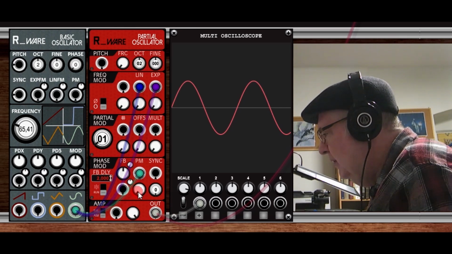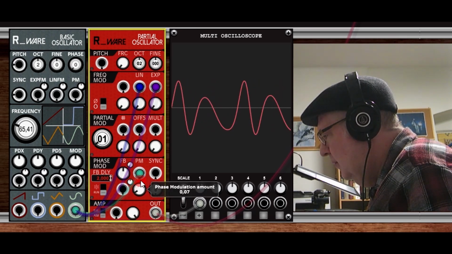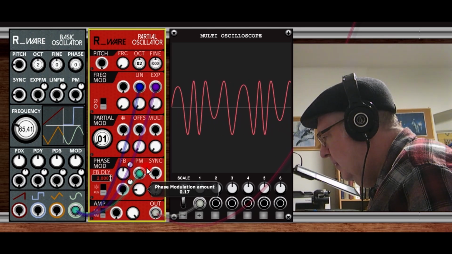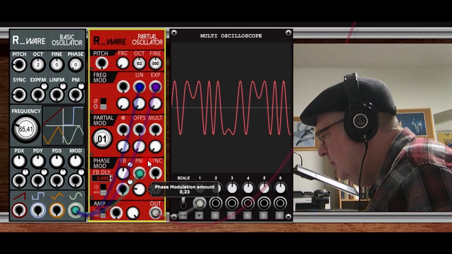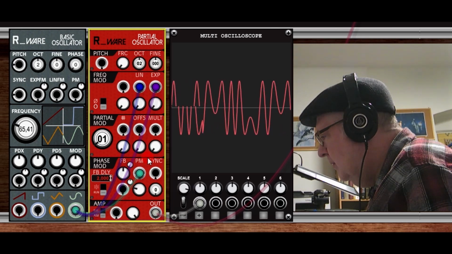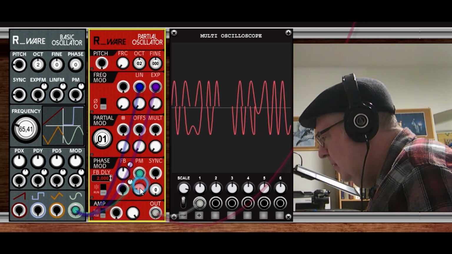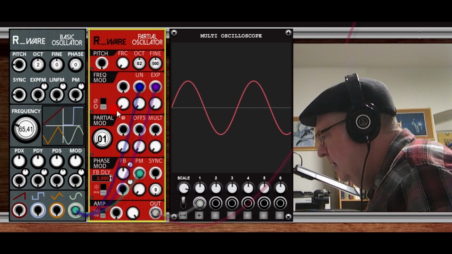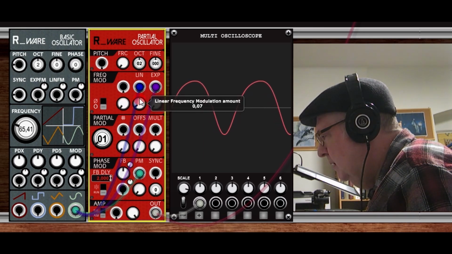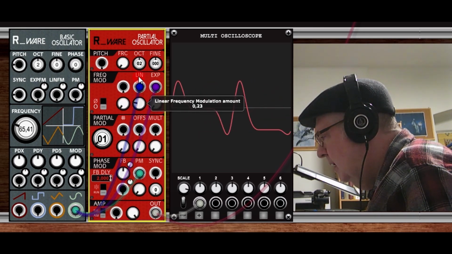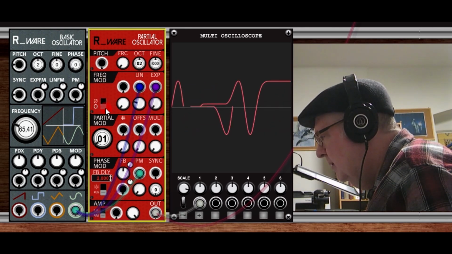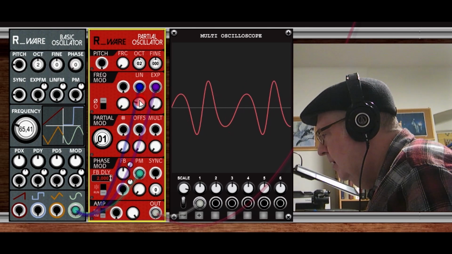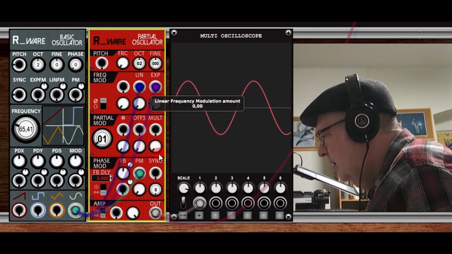So at first the phase modulation. Linear FM, through 0, and exponential.